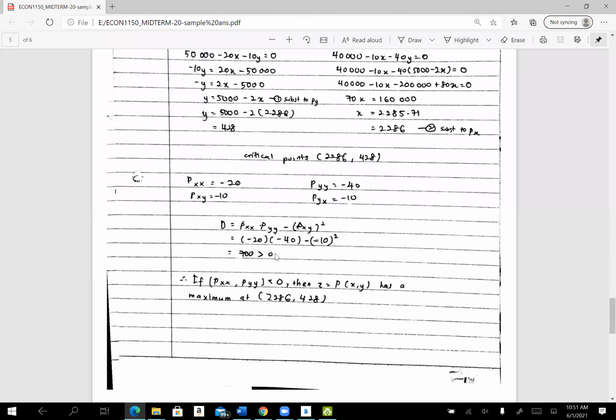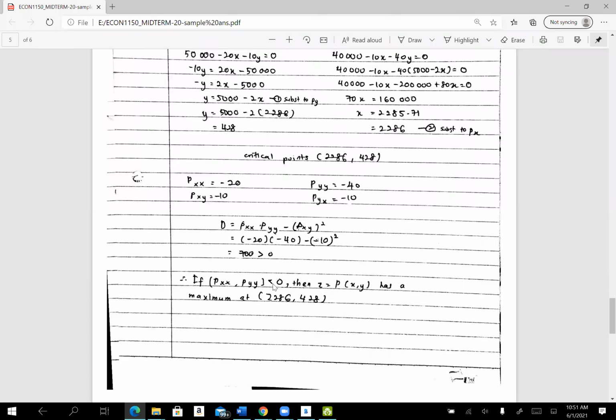Good. So you have to look at pxx and pyy. Okay, so you check here, you will see pxx equal to negative 20. So you should write that one up. We should write pxx equal to negative 20.